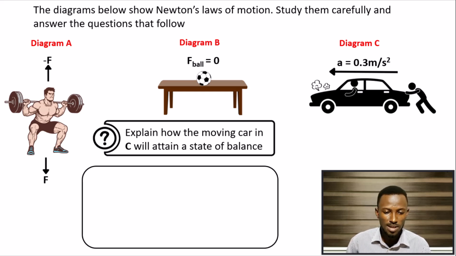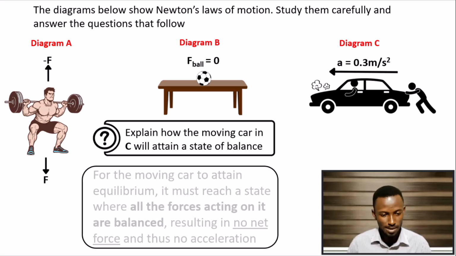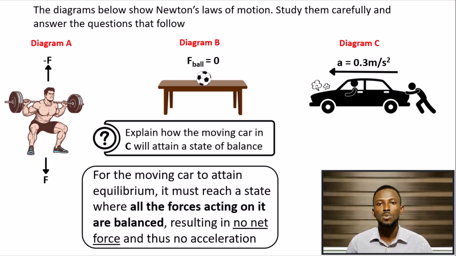So you have to explain how the moving car in C will attain a state of balance. At what point will it attain a state of balance? For the moving car to attain a state of balance, also known as the state of equilibrium, all the forces acting on it must be balanced. That means there will be no net force acting on it. So the man is pushing, and there are other types of forces: there's gravity, there's normal reaction, there's friction.